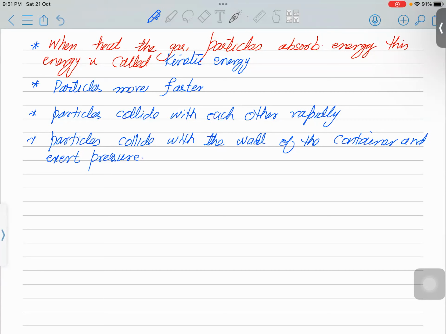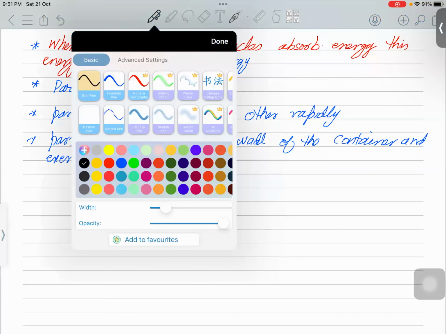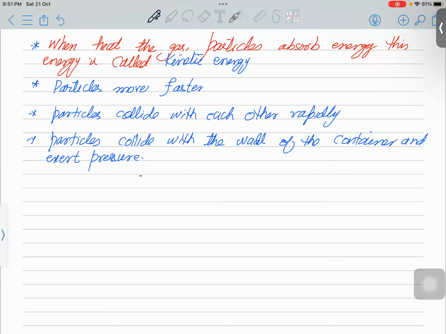So can you tell me, does pressure increase or decrease? Sir, increases. Pressure of the gas increases. So it means when you increase the temperature, pressure of the gas increases.